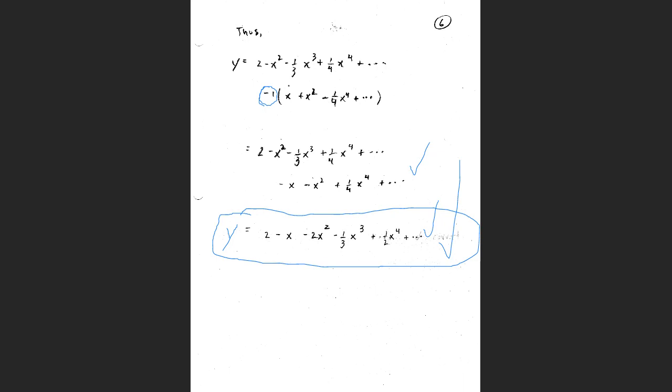Look at example 8 in section 6.2. In example 8, the function in front of the y is a cosine of x. You haven't seen a cosine of x function in front of y. You've seen polynomial functions.